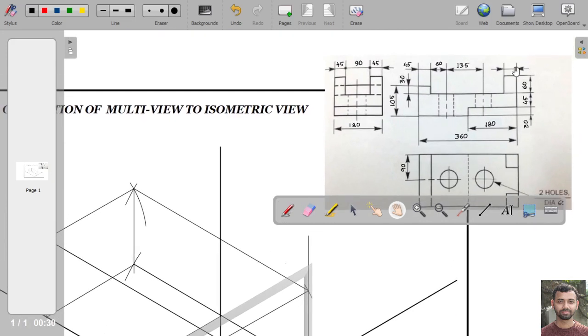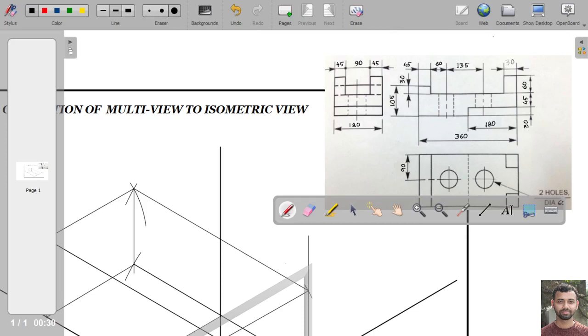We can draw this upper portion, and the width of this upper portion will be 30 mm.